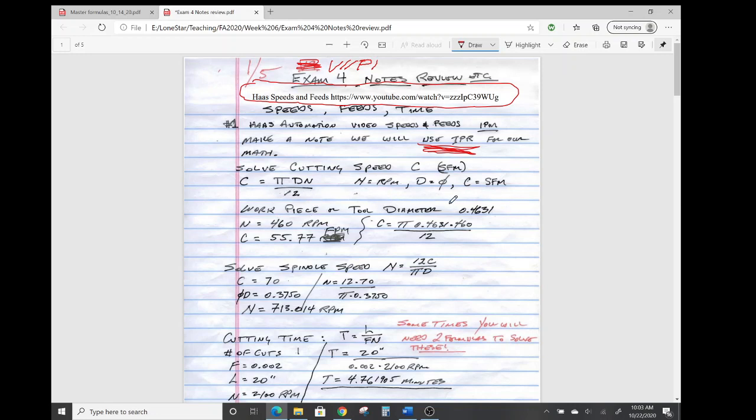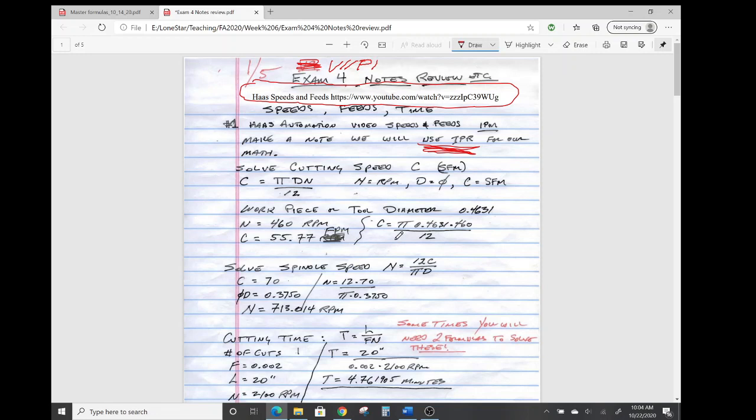I just pulled that number out of thin air. Pi is pi. We're going to use an RPM of 460, and we're going to divide by 12, and we end up getting a cutting speed of 55.77.